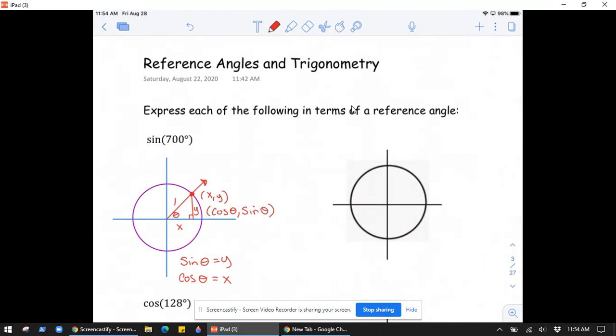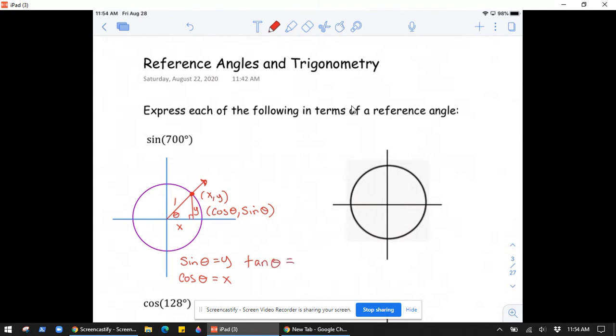In other words, any point on the unit circle can be thought of in Cartesian form, x comma y, moving horizontally and vertically, but also in terms of the trig ratios, cosine and sine. Cosine is the x-coordinate of a point on the unit circle, corresponding to a given angle, and sine is the y-coordinate. And then we should note that tangent is y over x, right?